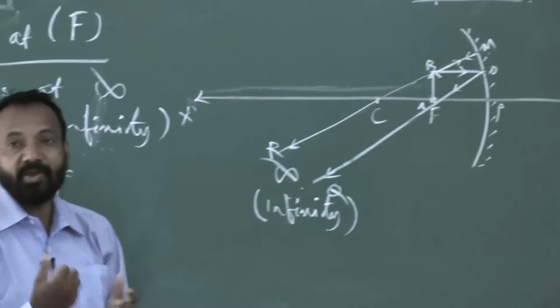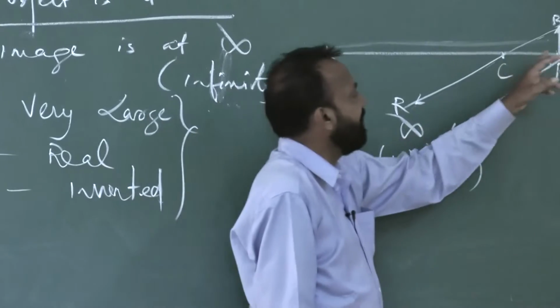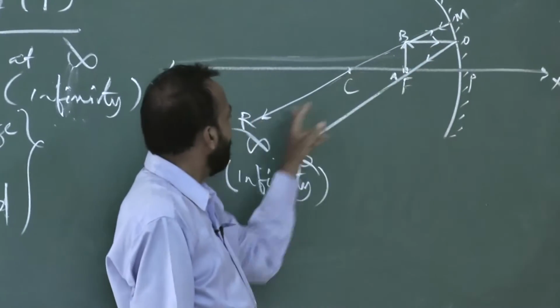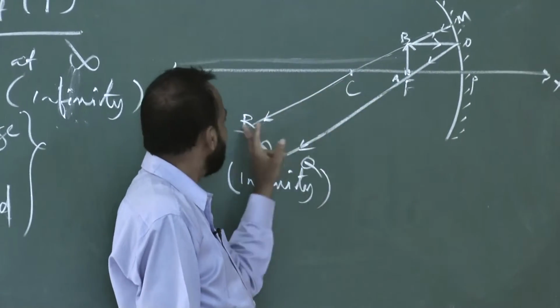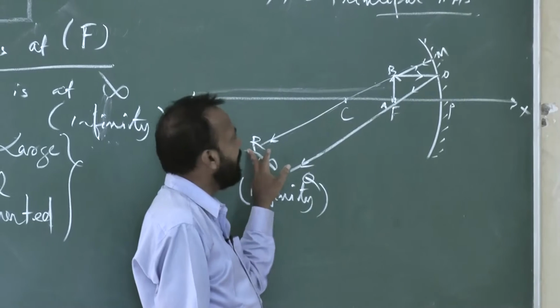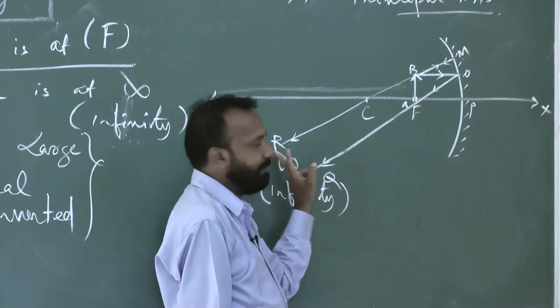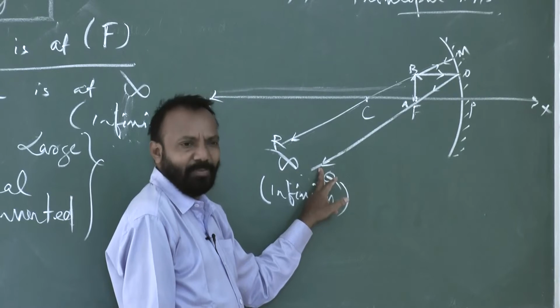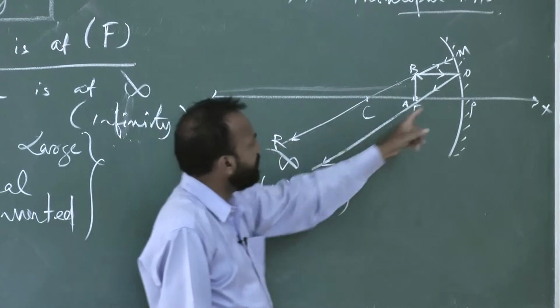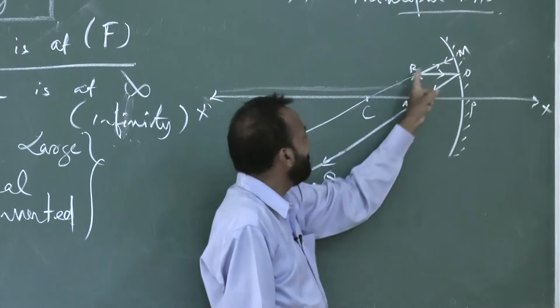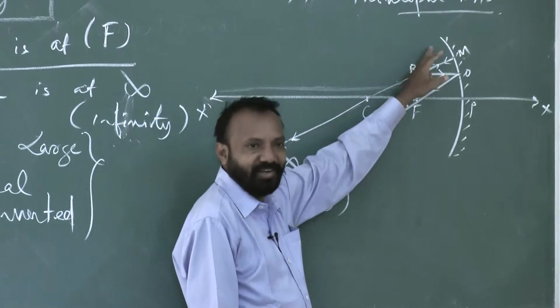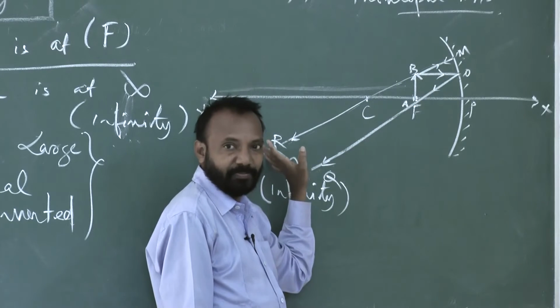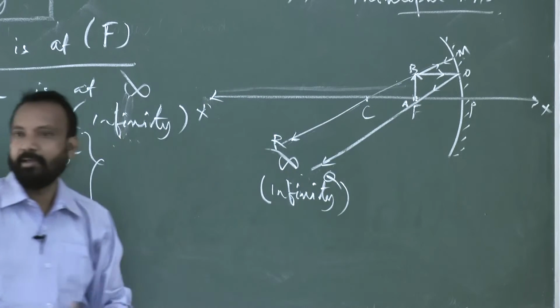So when you represent this, the reflected ray is MR, passing through point C, and OQ is the first reflected ray. We can give names for that. Suppose you are not giving them, then we can name OF and BM also. BM is the reflected ray passing through the center of curvature.